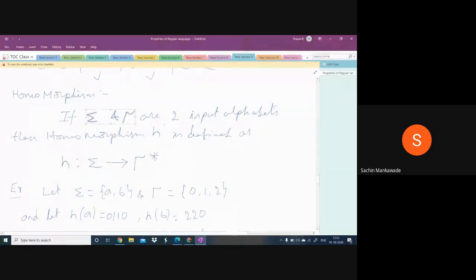Now, if sigma and tau are the two input alphabets, then homomorphism h is defined as h: sigma to tau star. That means an input symbol from sigma will be replaced by a string from tau. Copy this whole part.